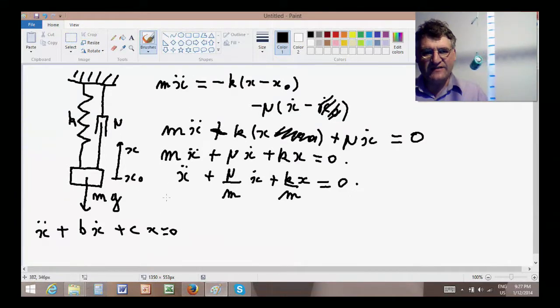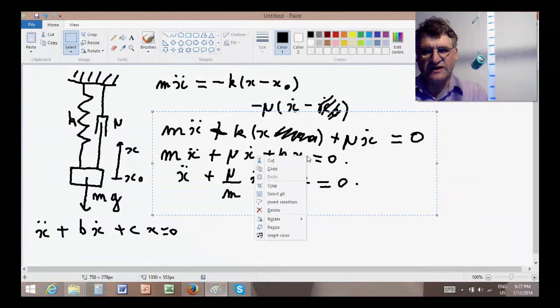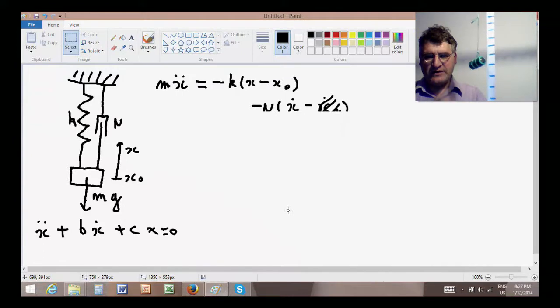If I erase the previous equations, so I make room to solve them, then I can do the following.